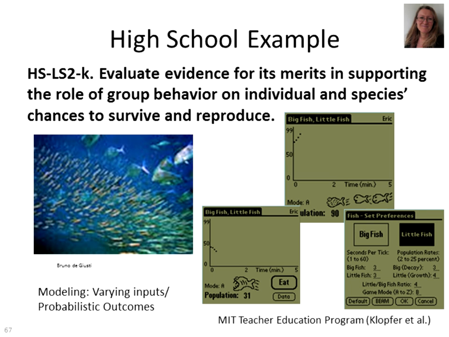And the little fish, they could school, they could hide, they could try to swim really fast to get away from the students who are big fish. And they can experiment with what happens as they shift and change those behaviors. They also have the option in this program to change the assumptions within the model. So the model might assume that if they don't eat after a certain amount of time, they will die and they won't go on to reproduce.